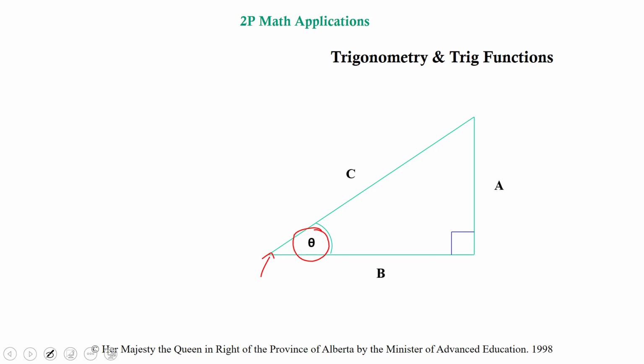Now when we start labeling the other sides of the triangle, you see I wrote out here that the longest side, which is the hypotenuse, is side C. Then we have the vertical side over here, and the side that is in relationship to theta is the side opposite.